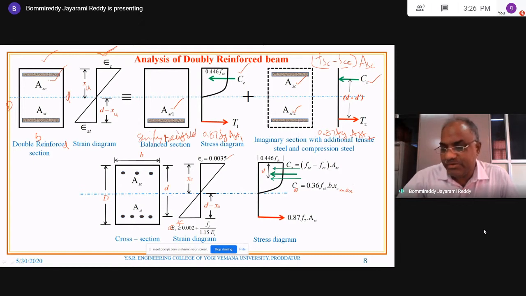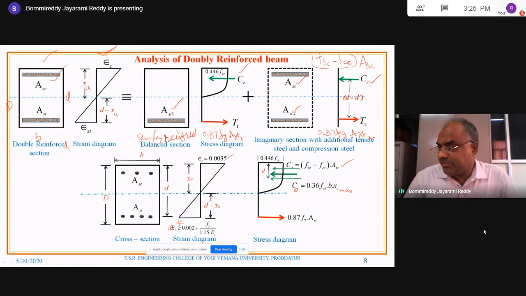The additional term is because of the steel, the compression steel. So for that, CS is acting exactly at the center of the compression steel, which is FSC minus FCC into ASC. Already I told you. So these are the two compressive forces. Earlier in singly reinforced, only one compressive force.